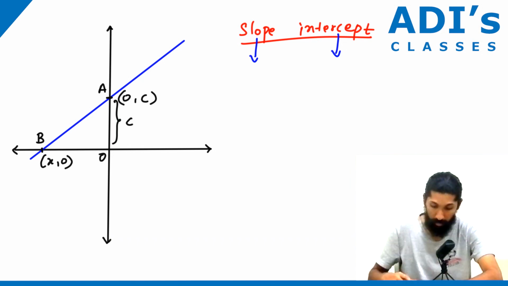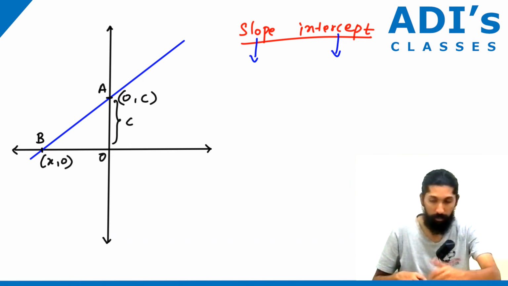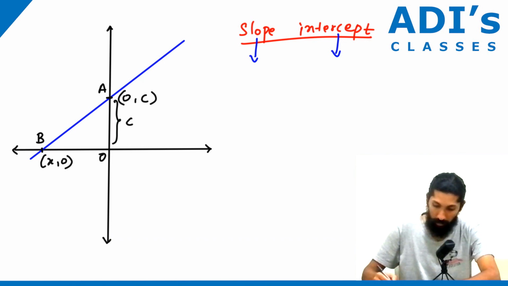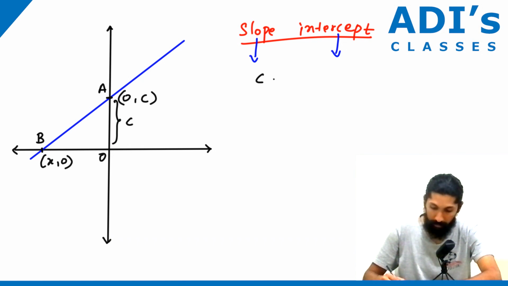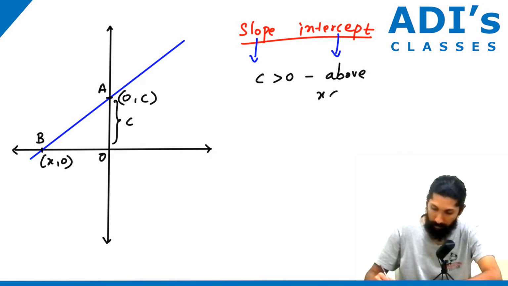In the general case, if c is greater than 0, the line cuts above the x-axis. In the same way, if c is less than 0, it cuts below the x-axis.